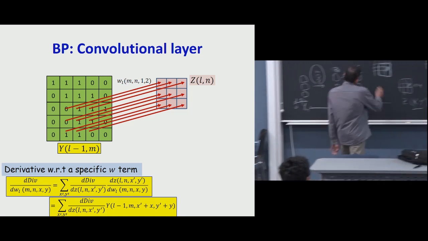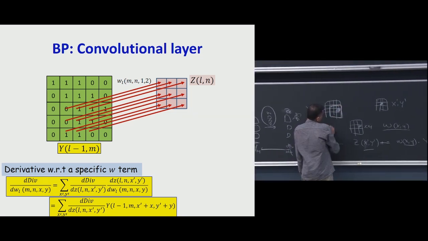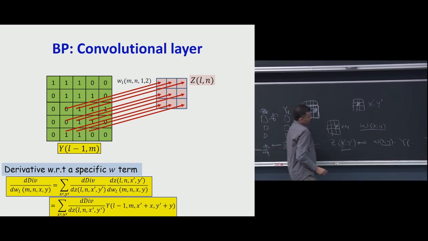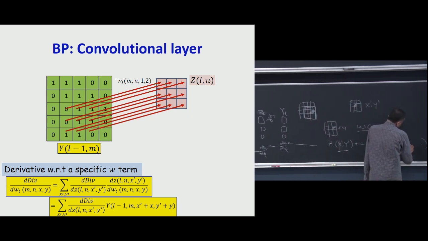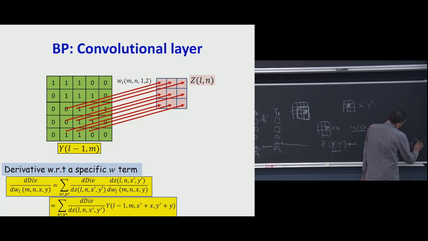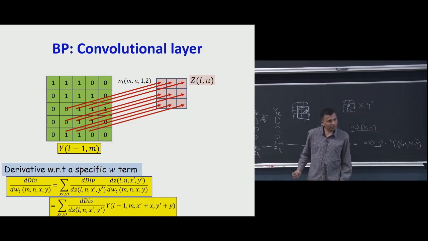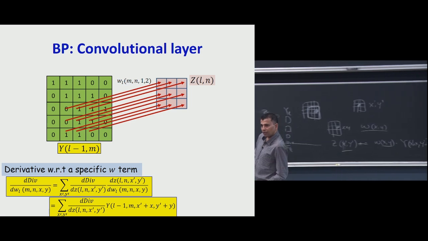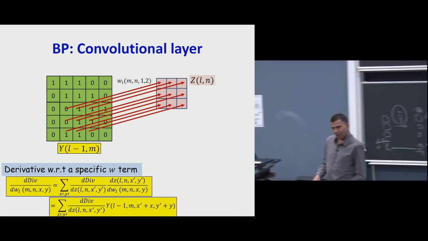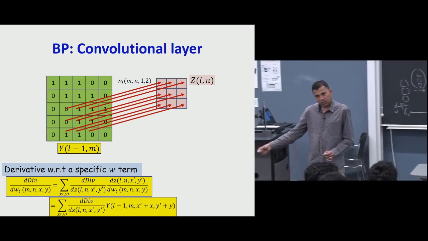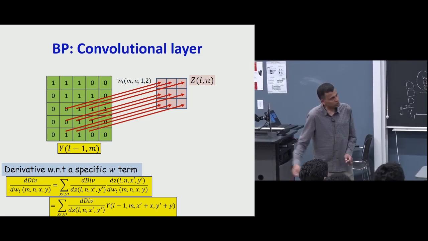That is going to be x prime plus x, x prime plus y. Make sense? I mean y prime plus y. Does that make sense to you guys? Right? Think of how I'm positioning the filter on top of the y plane. And then you can find out which corresponding location in x actually contributes to it.